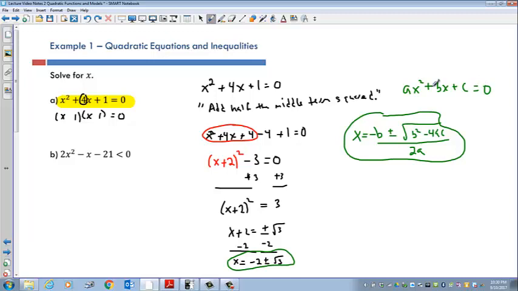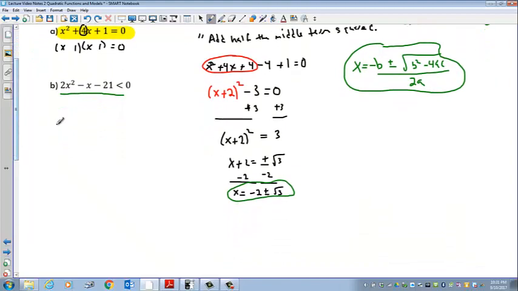Alright, let's talk about how we solve quadratic inequalities, because this is a little bit different. Here's our inequality, 2x squared minus x minus 21 is less than 0. To solve this inequality, we can't solve directly for x. The idea is you can actually factor this thing.